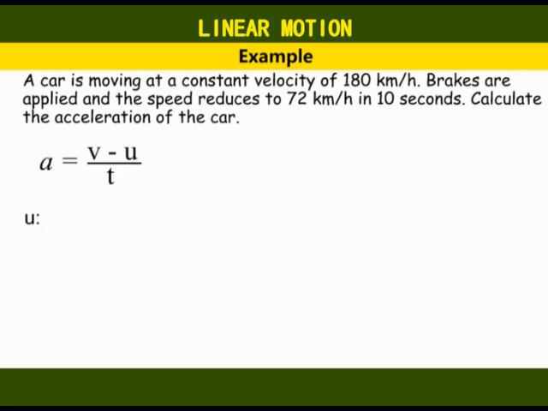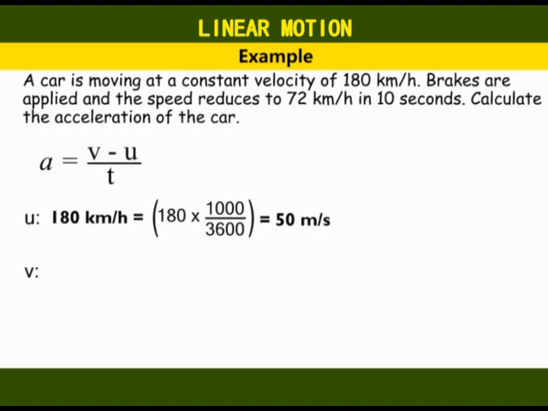Initial velocity u, 180 kilometers per hour, will be equal to 180 times 1,000 over 3,600, giving us 50 meters per second. And final velocity v, 72 kilometers per hour, will be equal to 72 times 1,000 over 3,600, giving us 20 meters per second.